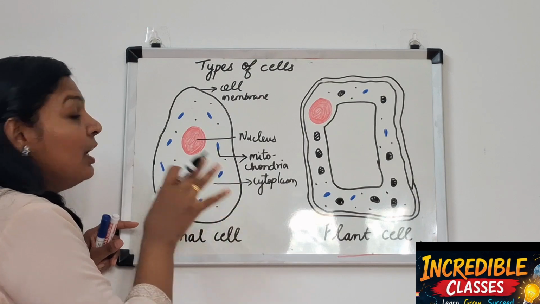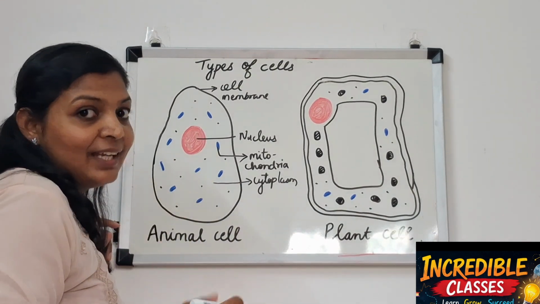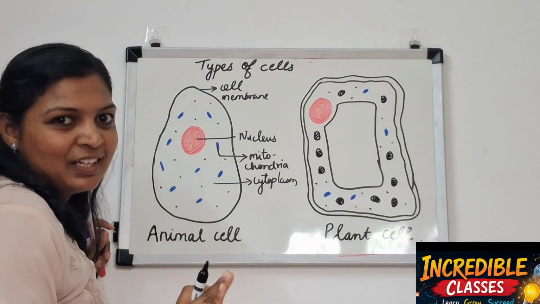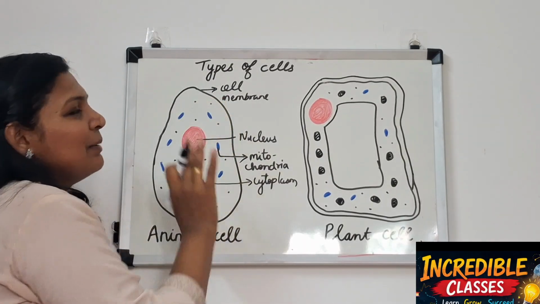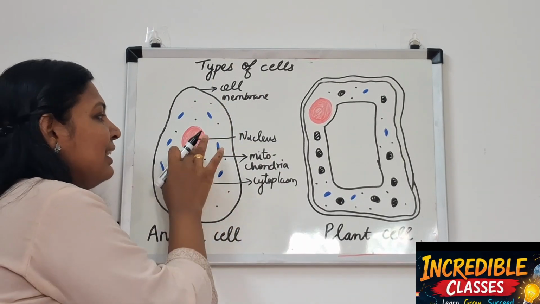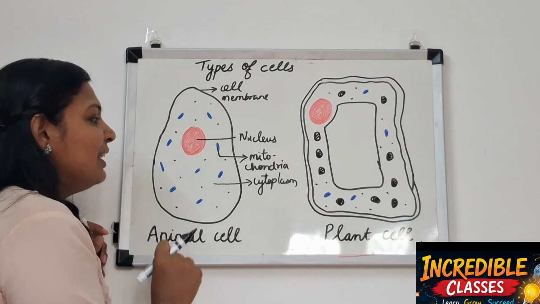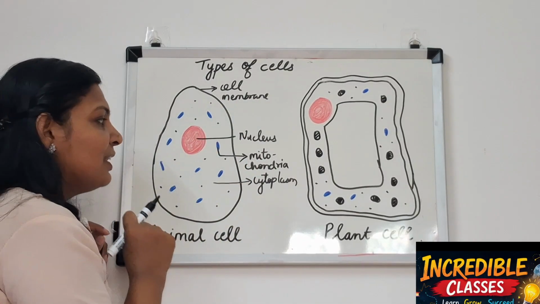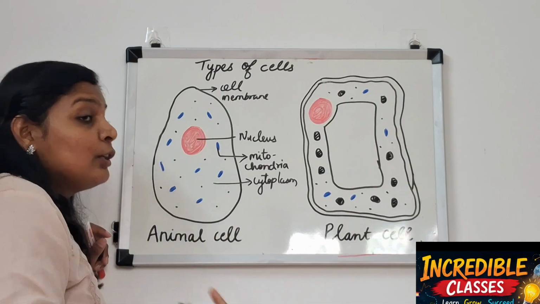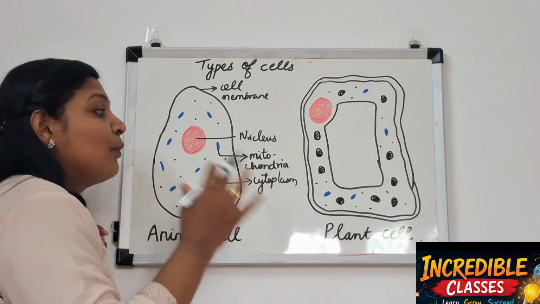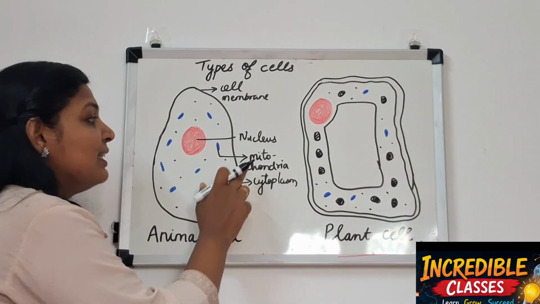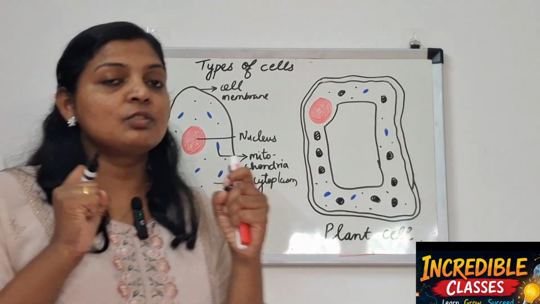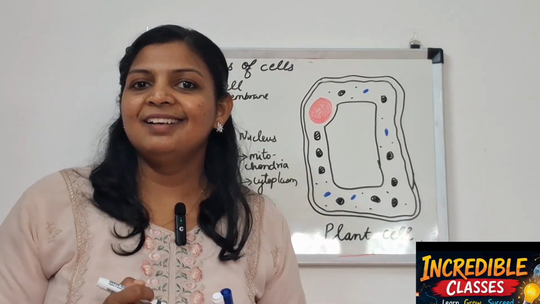There are many other components, but for now we will learn these components only. So first is cell membrane, the outer layer. Second, the round structure is the nucleus. Then this white portion is the cytoplasm. It is the jelly like substance, and that cytoplasm has many components, and one of those important components is the mitochondria, very important, the powerhouse of the cell.